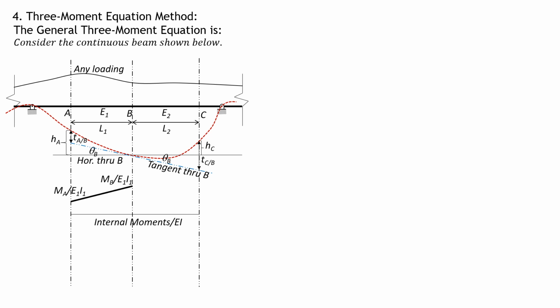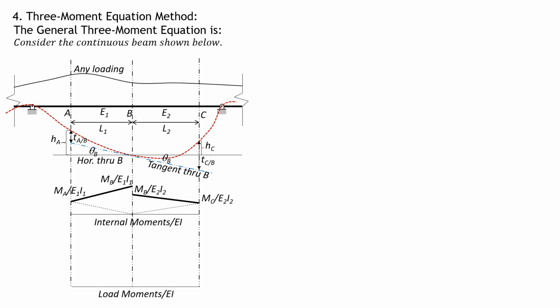Assuming that the moment of inertia I of span BC is greater, so that it will fall a little lower, MB over E2 I2, and this is MC over E2 I2. Let's divide this diagram into two triangles. These are trapezoids. We divide them into two triangles so that we can compute the area conveniently as well as the location of the centroid.